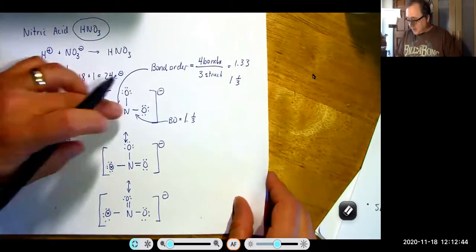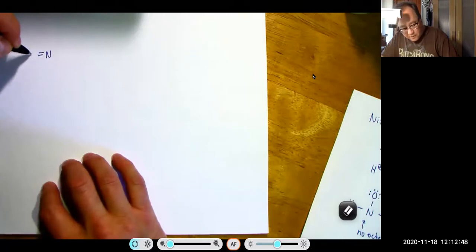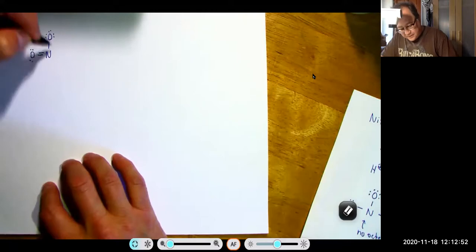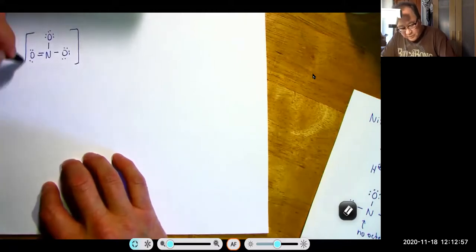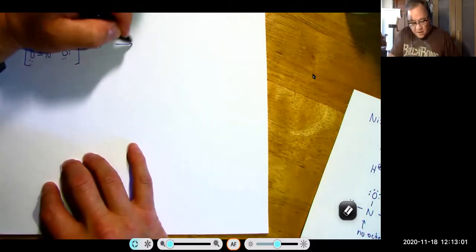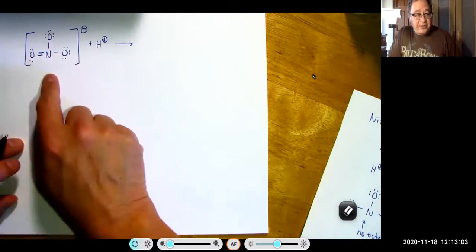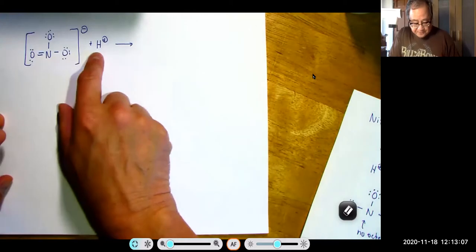We'll take a look at this one right here and see how this would form a bond to hydrogen. Now, what makes the most sense is when we add the hydrogen, we're going to make a bond to one of these oxygens, with one of these lone pairs bonding to that hydrogen.